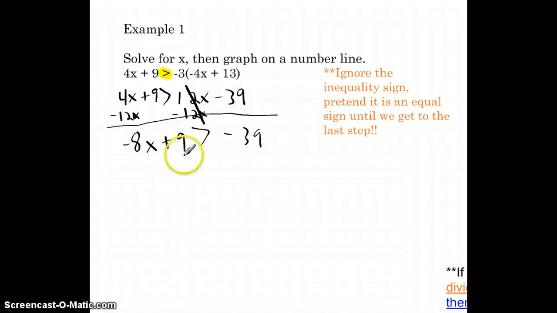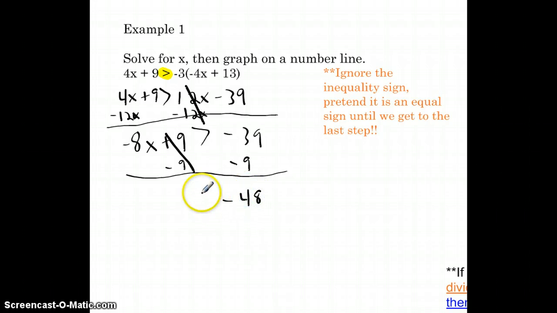All right, let's move this 9 over to the right-hand side. So let's subtract 9. Subtract 9. Okay, these 9s are canceled out. Negative 39 minus 9, well, that's going to be negative 48. Okay, so negative 8x is greater than negative 48.